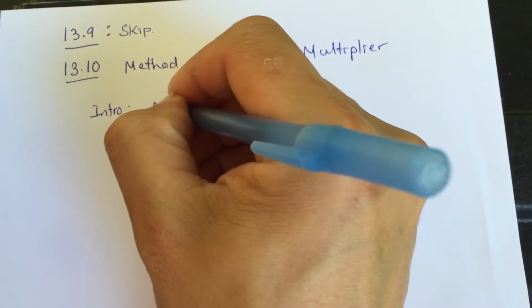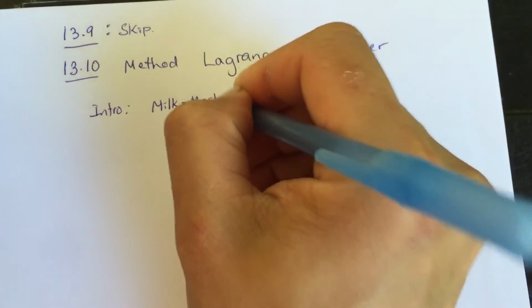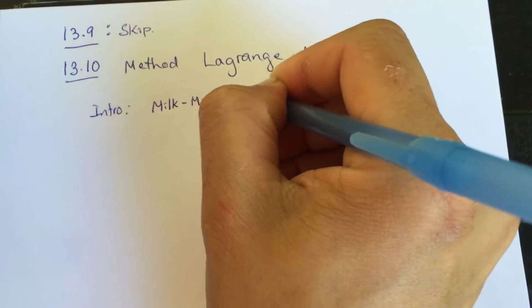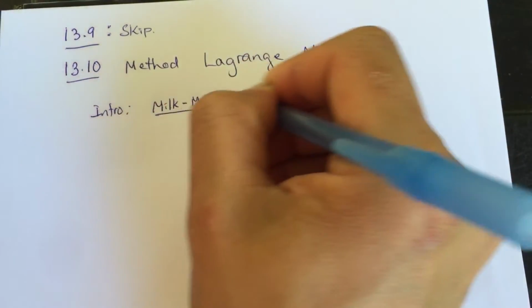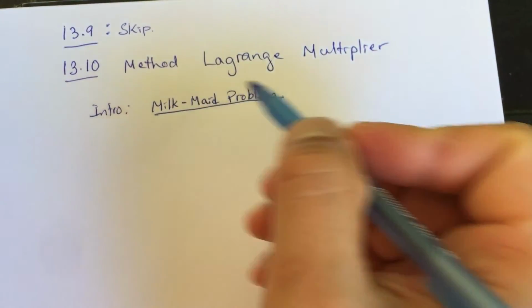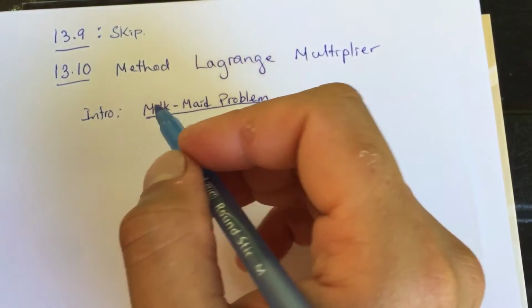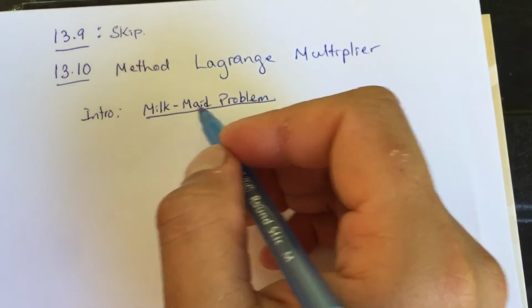He called this the classical milkmaid problem. And let me define why I say that. We associate milk and maid, so maybe something funny about it. However, what is the milkmaid problem?